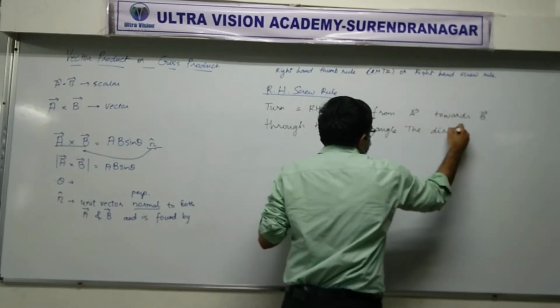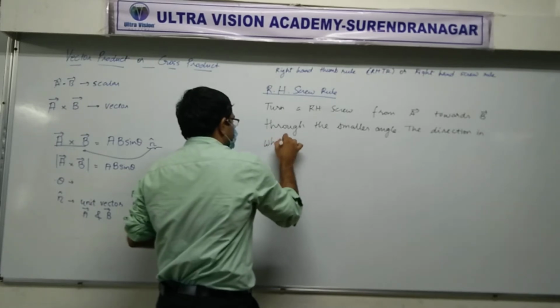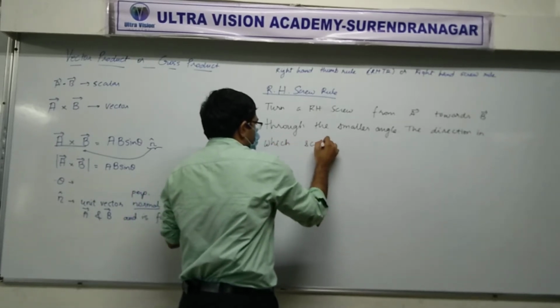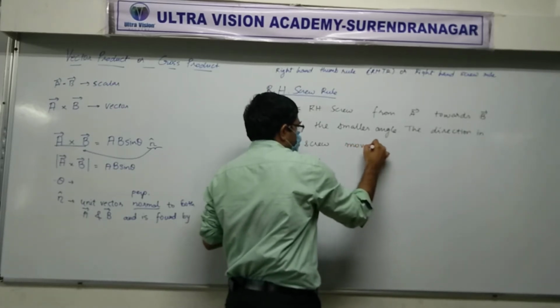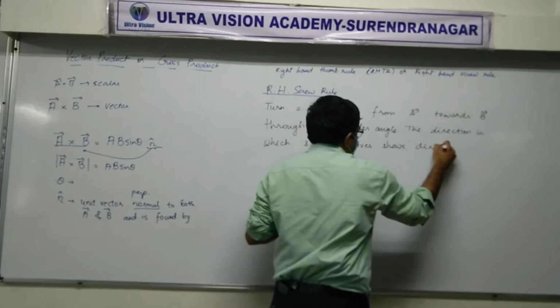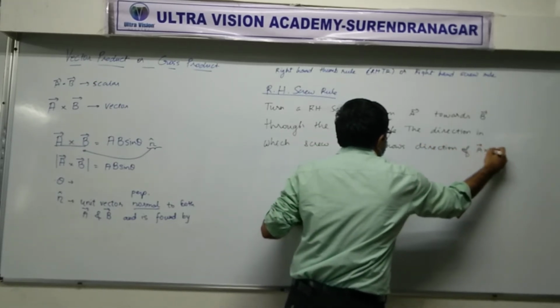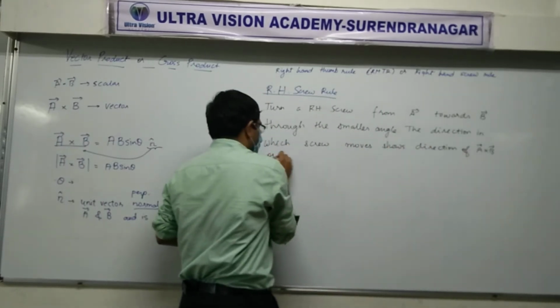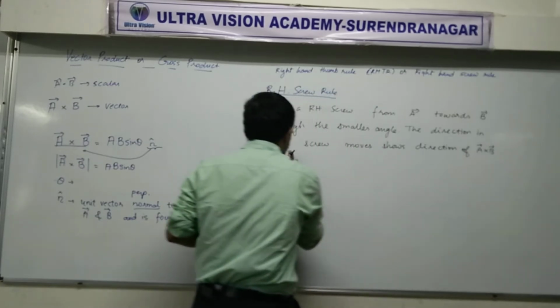The direction in which the screw moves shows the direction of A vector cross B vector, or you can say of n hat, whichever you need.